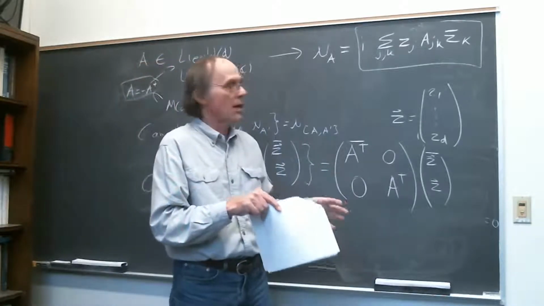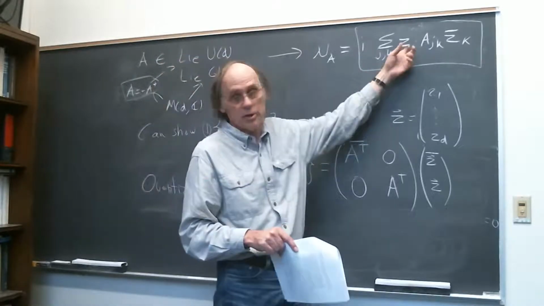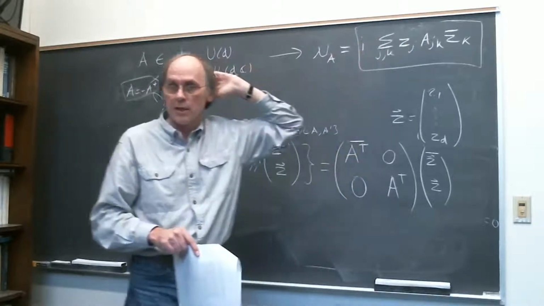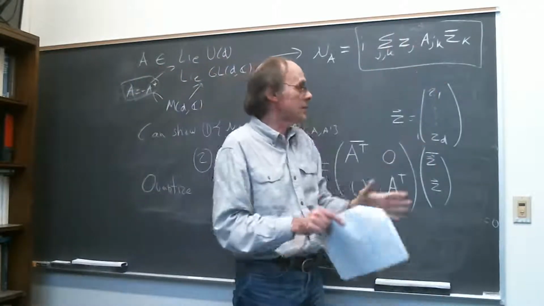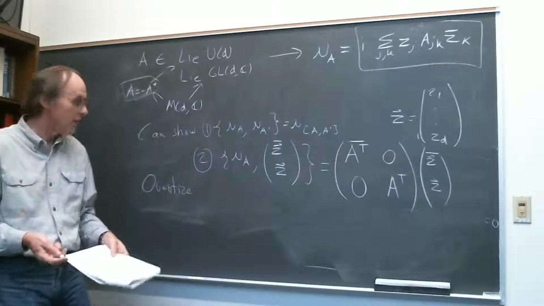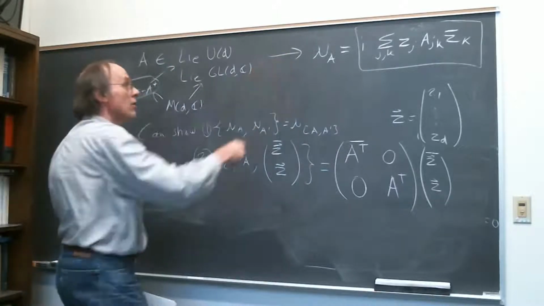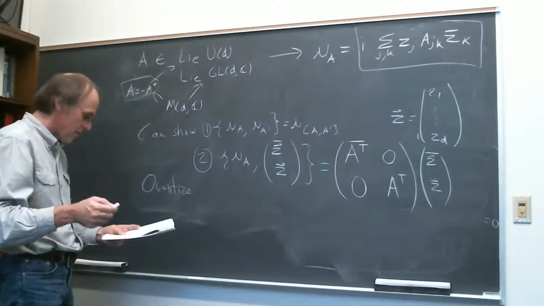Those can be realized explicitly as multiplication or differentiation operators on polynomials in the z's, or you can just think of them as abstract operators satisfying some commutation relations. But the formulas corresponding to all of this are going to come from what you have to do.